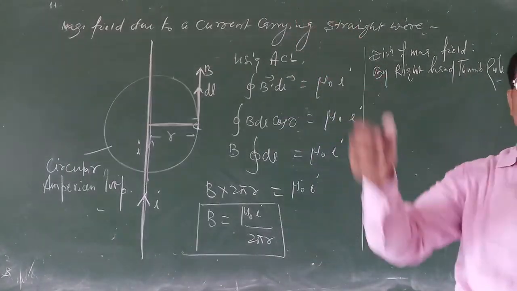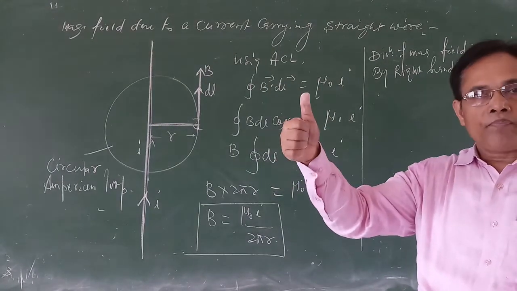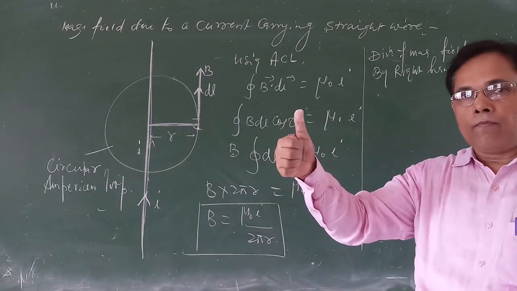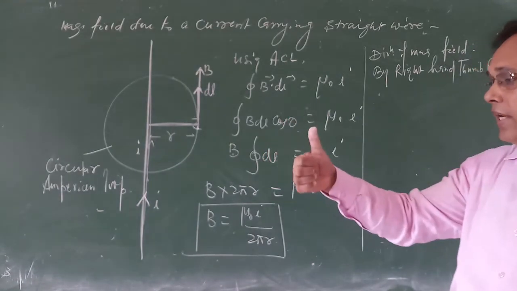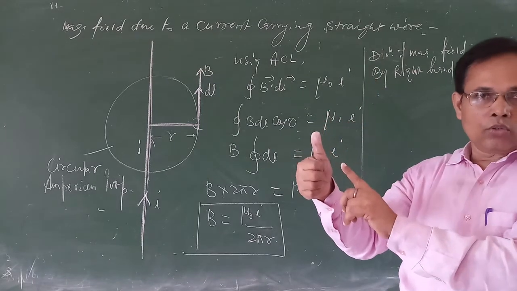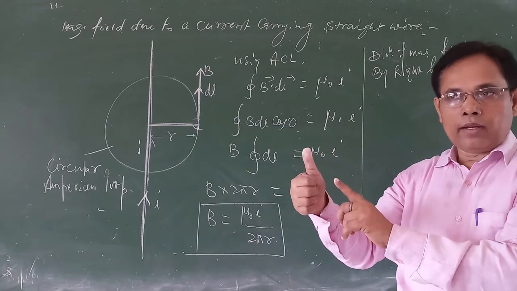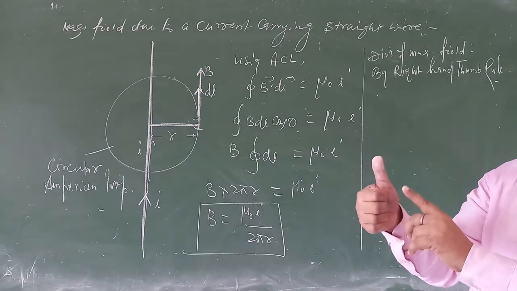The right hand thumb rule is, imagine you hold a current carrying wire in your right hand such that the thumb indicates the direction of current flowing through it. But in practice, don't take the current carrying conductor in your right hand, otherwise you will get a shock.